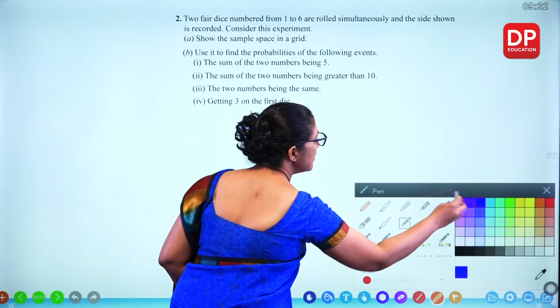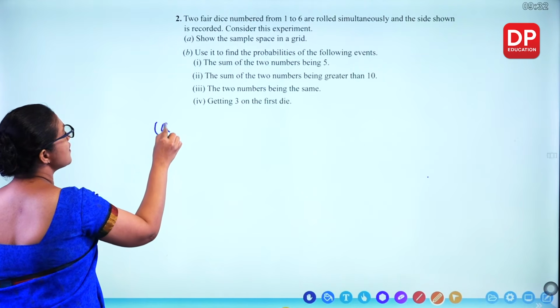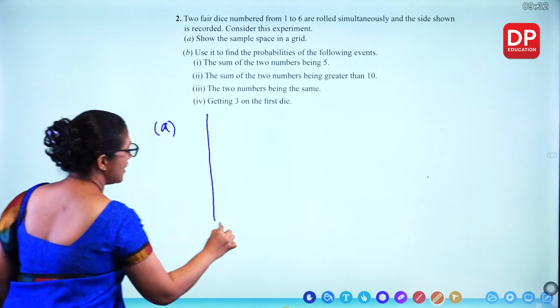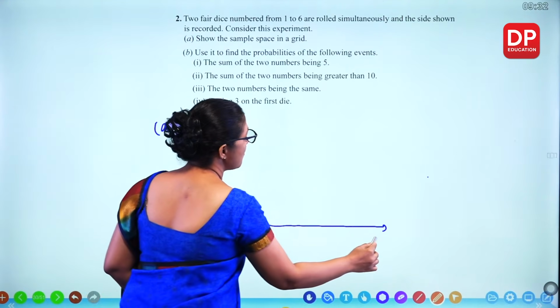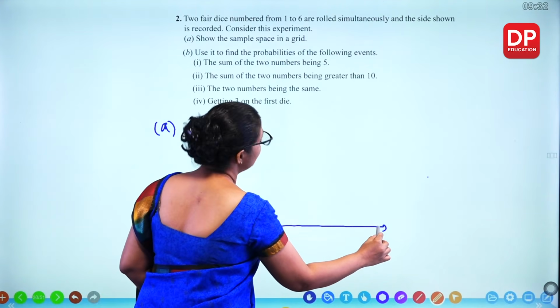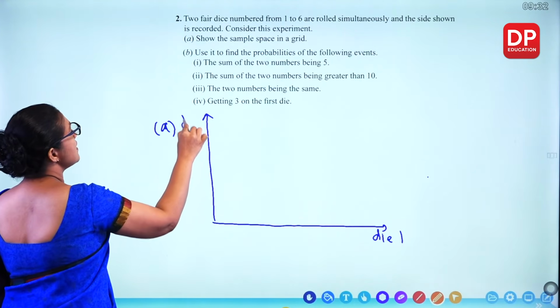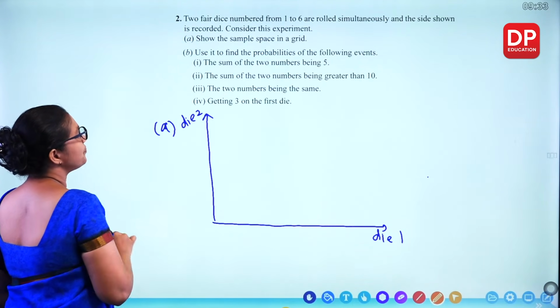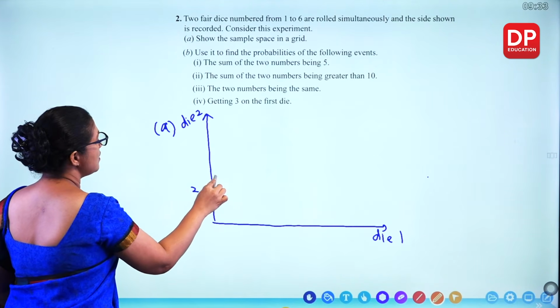I'll take blue color so we can draw the diagram first. I'll take one axis as the first die, die 1. And this one is the second die, die 2. Both dice are labeled 1 to 6.